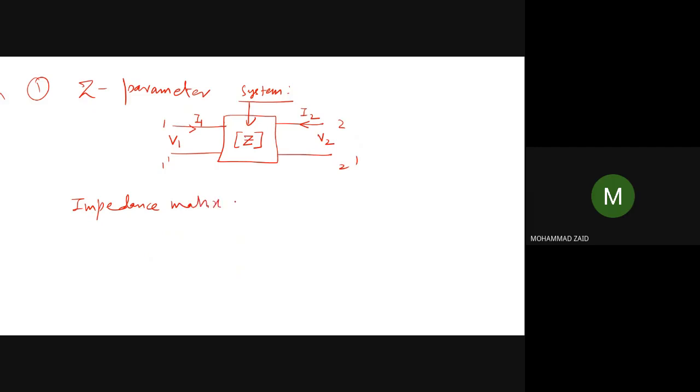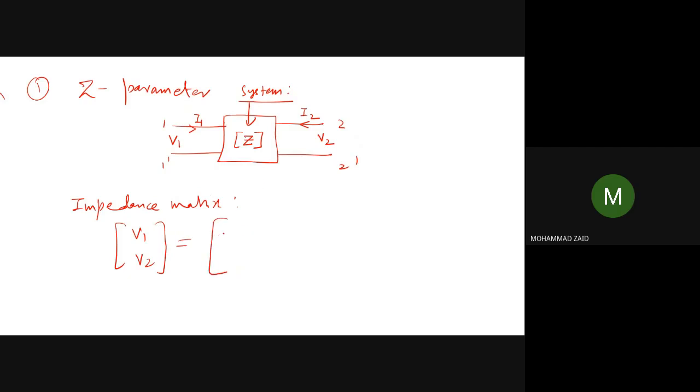Impedance matrix. So we can write down this relationship like that: V1 and V2. Now, for this Z parameter, we have taken input side voltage and output side voltage, V1 and V2, as a function of... Now we have to define the constant coefficients.